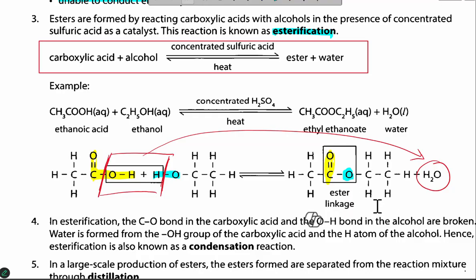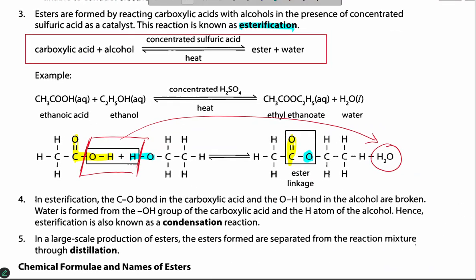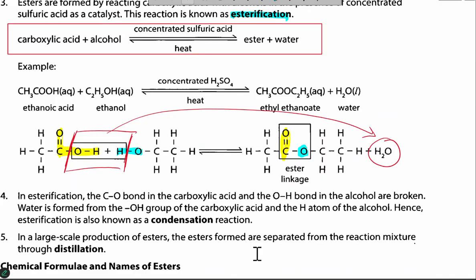So why is it called esterification? Because the reaction breaks out the water and it forms the ester linkage. So this is called esterification. Anyway, sorry, I forgot to mention one part. This is forming a water. Forming a water in the process is called a condensation reaction. Condensation, just like water condenses out from the air.